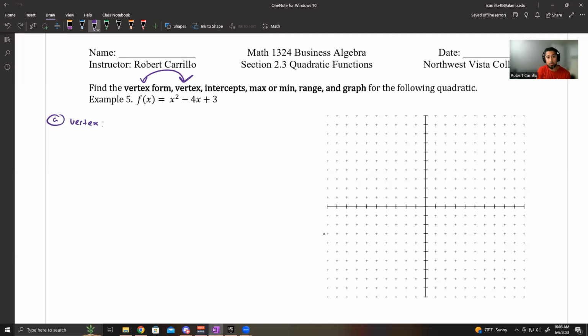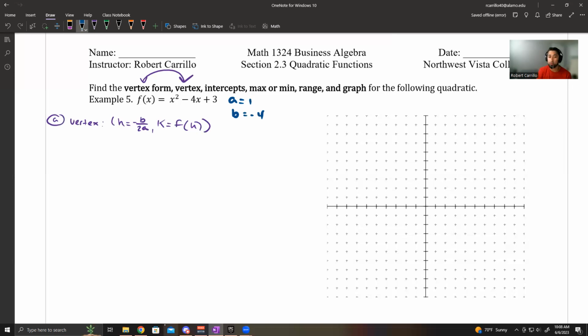Vertex. And remember, to do that, we use a simple formula: h equals negative b over 2a, and k equals f of h. Okay, and you get your a and b values from your quadratic function. So if you label them already here from the quadratic function, a is 1, b is negative 4.